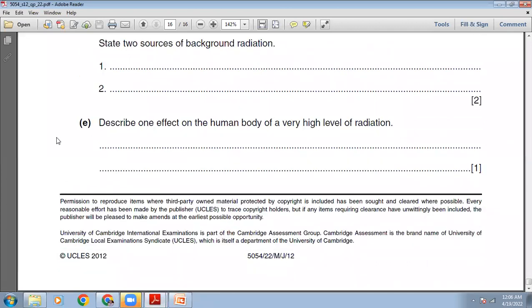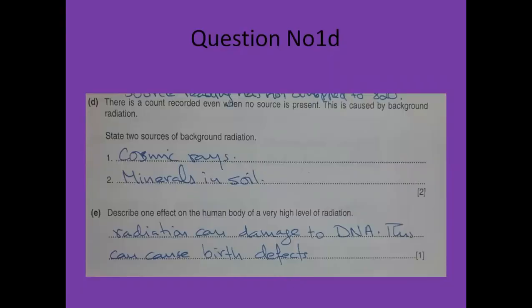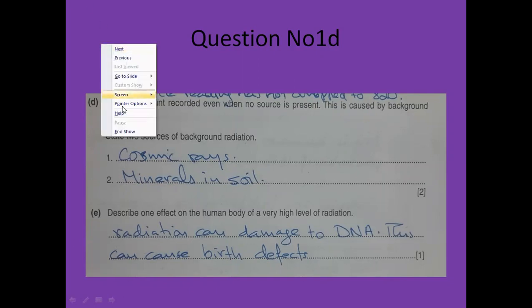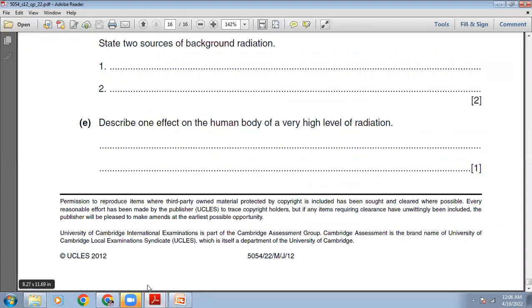Then the question is, describe one effect on the human body of a very high level of radiation. A high level of radiation can damage the DNA, thus it can cause birth defects in newborn babies. Let's have a look at the marking scheme.